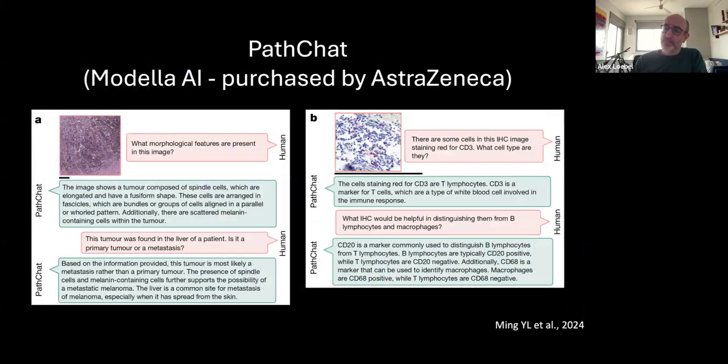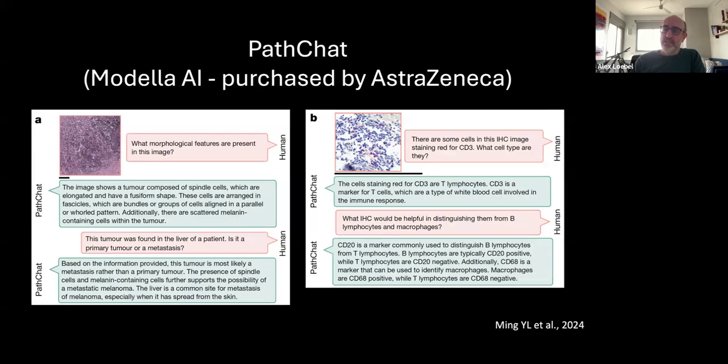You can also develop PathChat. So not ChatGPT, but PathChat, which means that you can show this engine an image, a patch of an H&E slide or immunohistochemistry, and then you can have a conversation with the engine about what is in the image.